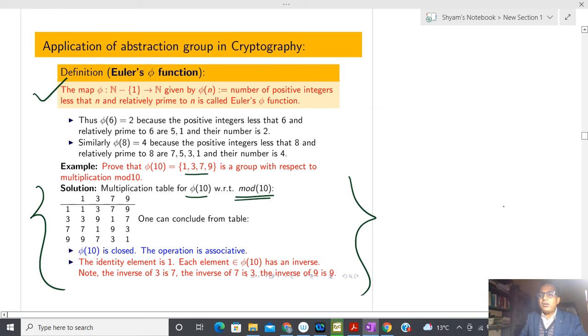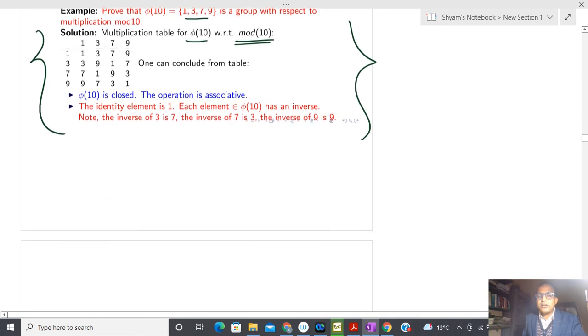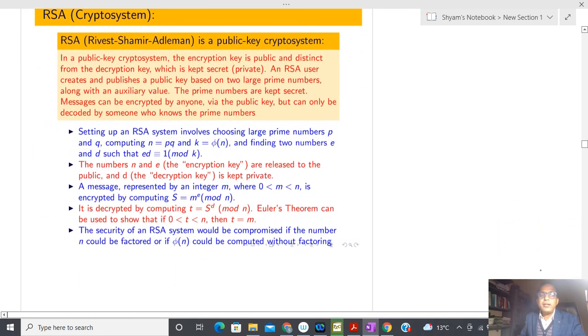Now, people have used this notion in order to develop a crypto system. Basically, in a crypto system we have two different keys: one is called the public key and the other is the secret key, the private key. By taking two prime numbers we have to generate two different keys, and we have to make sure that the public key we have generated cannot be guessed by someone.